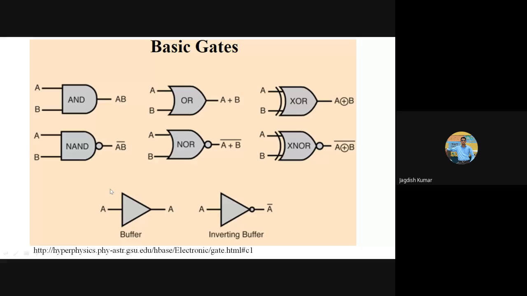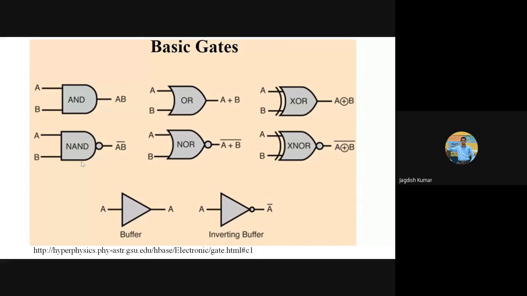This is called a buffer. If there is no dot here, this is called a buffer. So what is the role of a buffer? It keeps high voltage high and low voltage low, but it supplies high current, because to drive the gates, we require some non-zero value of current. If we withdraw too much current from our circuit or from our gate, the voltage may fall, because V is equal to IR, right?